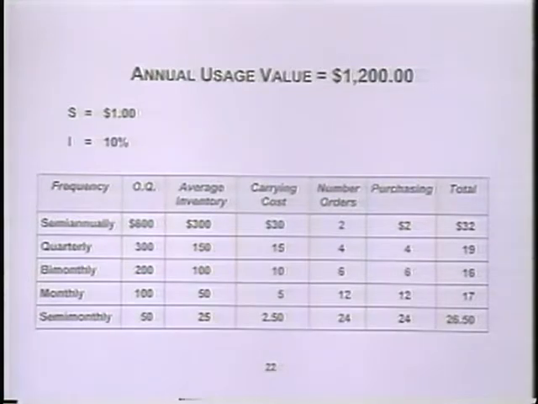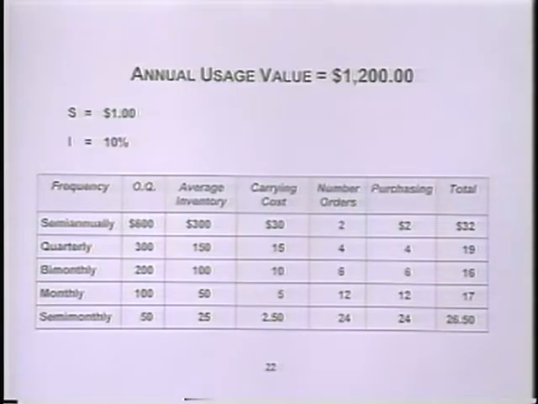But as I increase the frequency more and more, the total cost starts to swing upwards, where I go from $16 to $17, and then I go from $17 to $26.50. So it appears that the most economical method of purchasing this item would be bi-monthly, 6 times a year.